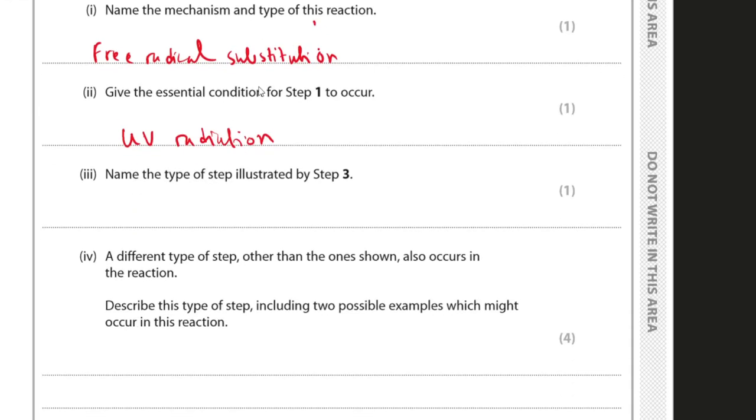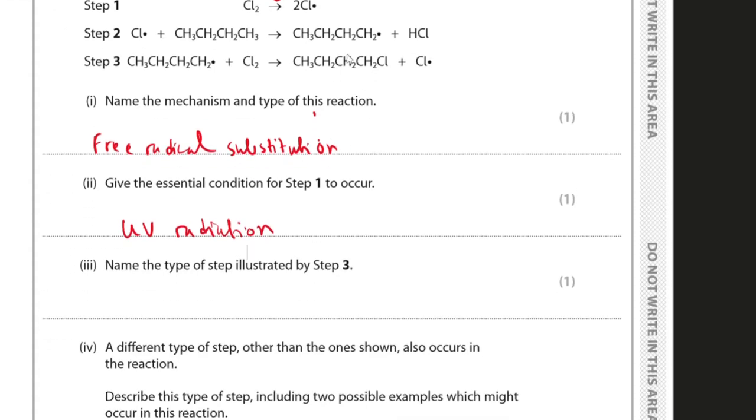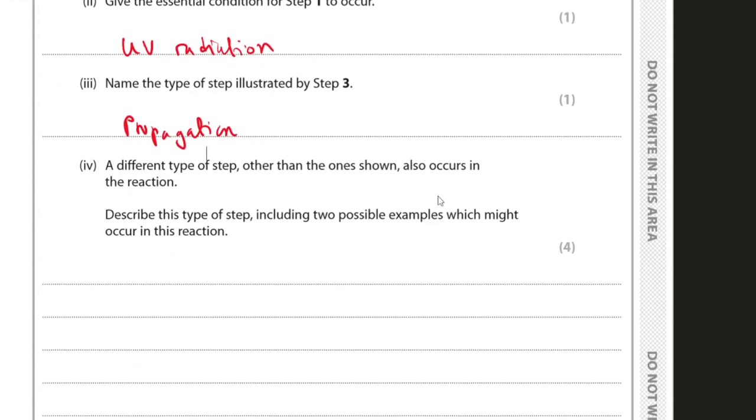Name the type of step illustrated in step 3. In step 3, you can clearly see that the radicals are reacting with the unfissioned chlorine in order to produce the final halogenoalkane. So this is known as propagation, this step 3 in the mechanism.